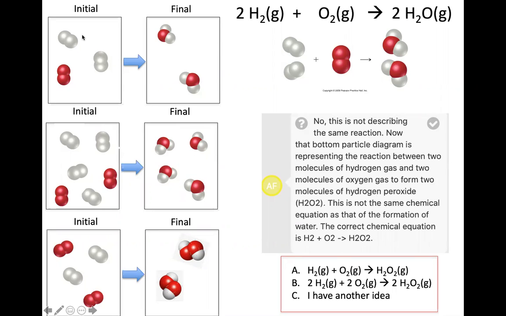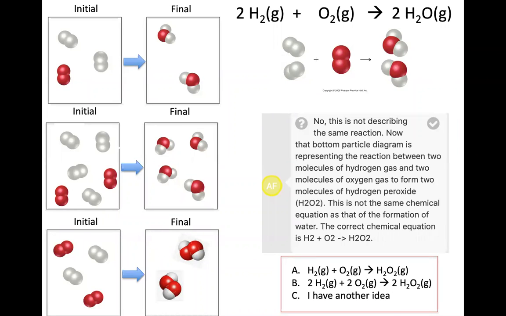Now, I think A is telling us the simplest way that I can have hydrogen gas combined with oxygen gas to make H2O2. I think it is balanced in terms of the number of atoms that I have on hydrogen on each side and oxygen on each side. I think it's also showing me the correct molecules that would be involved, how I can have hydrogen react with oxygen to give me the H2O2.